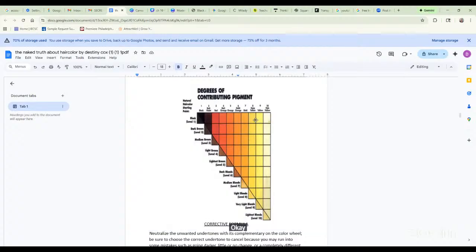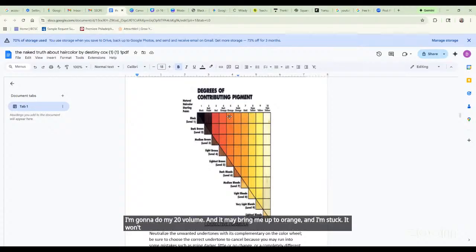Okay. It's time to rinse. Sometimes you can do what we call the triple process. Which means if my client is a 2, I'm going to do my 20 volume and it may bring me up to orange and I'm stuck. It won't move. It won't do anything. It's orange. The hair is orange.